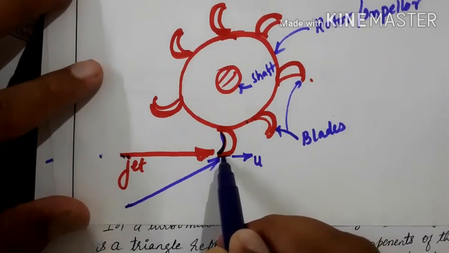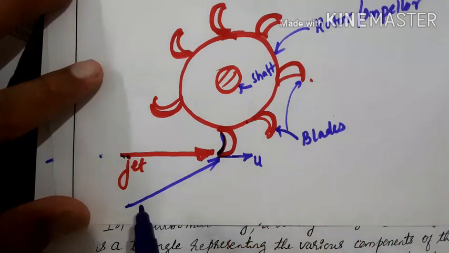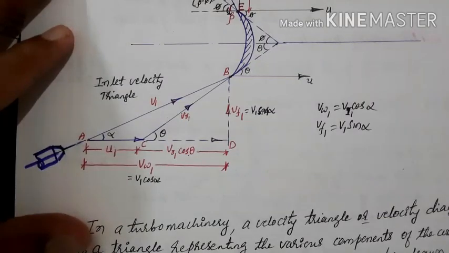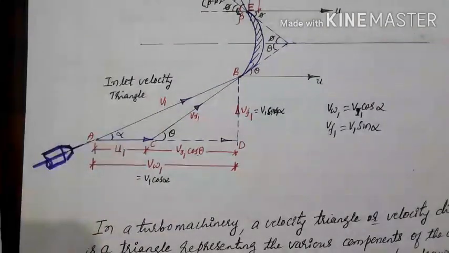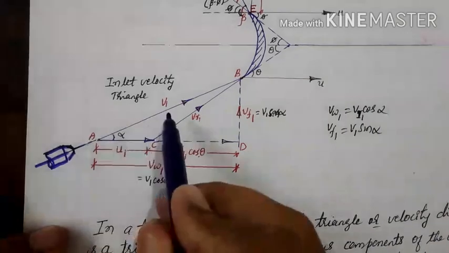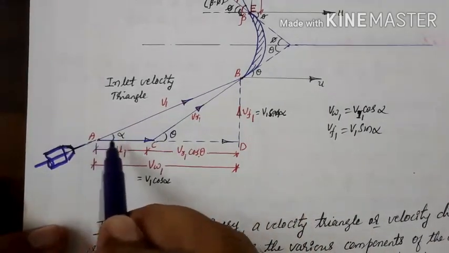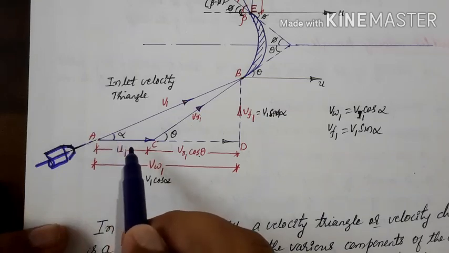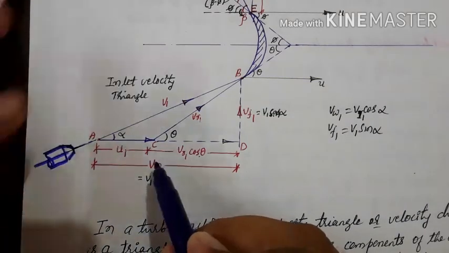If you draw a tangent here, it becomes the tangential direction. So it makes an angle of alpha with the tangential direction or with the horizontal. This velocity v1 makes an angle alpha with the tangential direction or with the direction of motion of the vane.